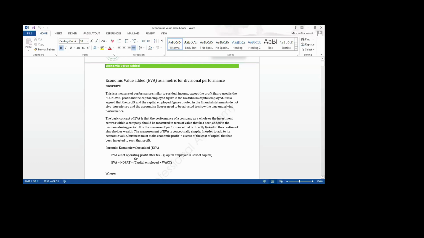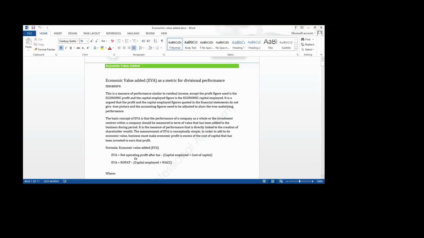Accounting profits are prepared based on accounting conventions and assumptions.